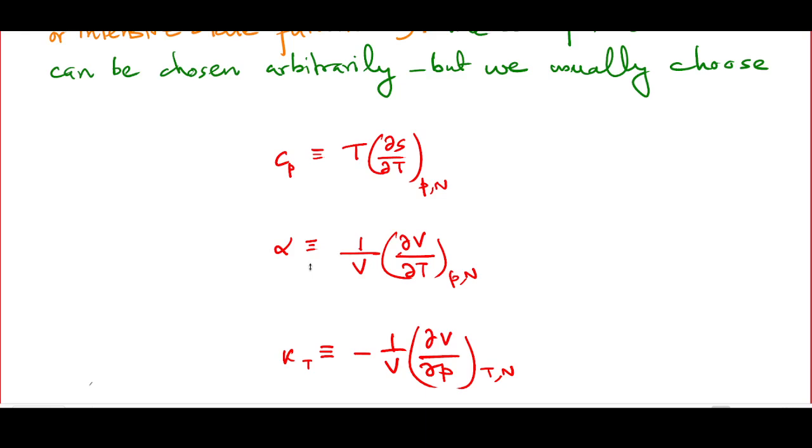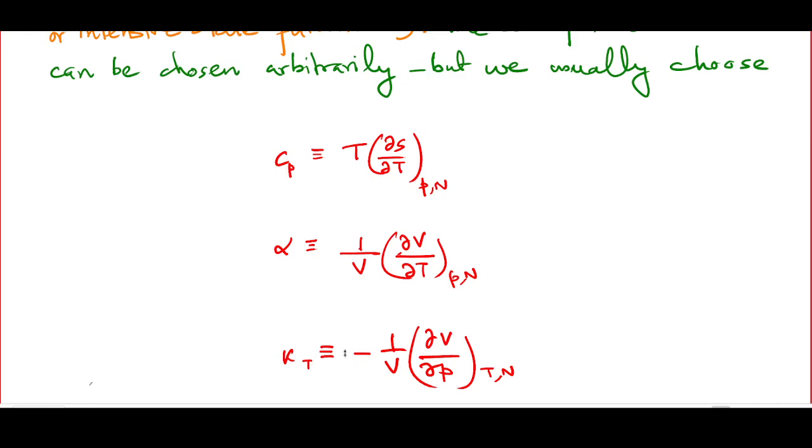Now the reason why we want to reduce all our partial derivative calculations to this particular set of three partial derivatives or three physical quantities is that these three are actually often rather easy to measure experimentally.